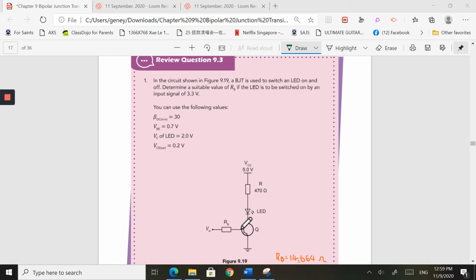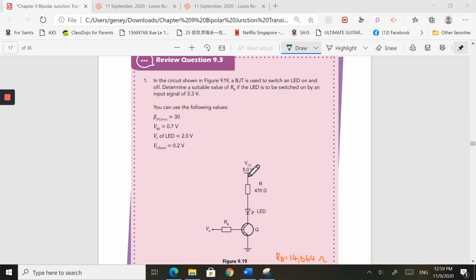Now, in order for me to use this BJT as a switch, I need to know what values of resistor I have to use at the base. This base resistor controls how much current flows in here. I need a certain amount of current flowing in here for this to work properly as a switch.